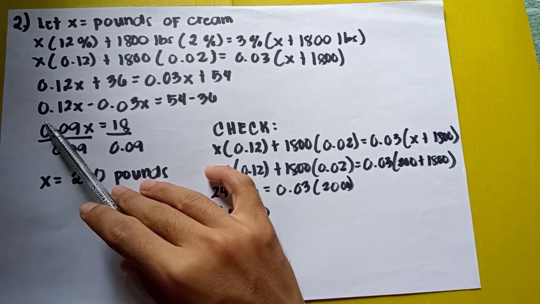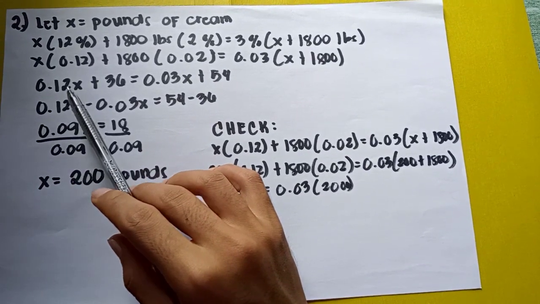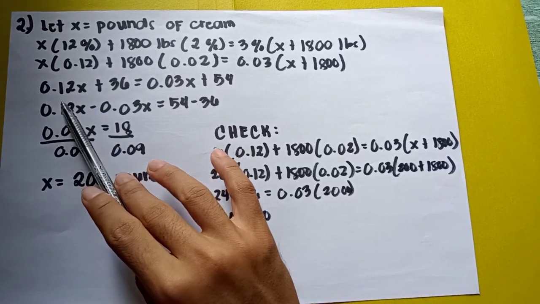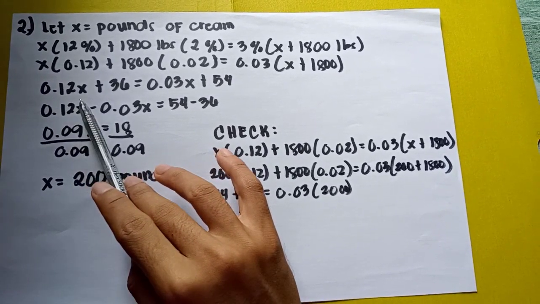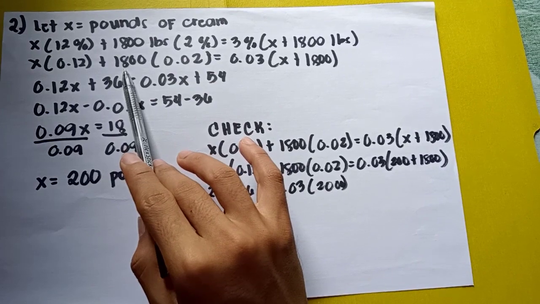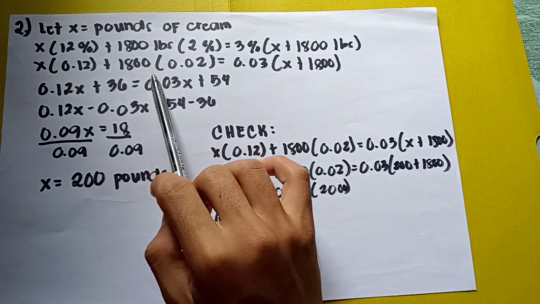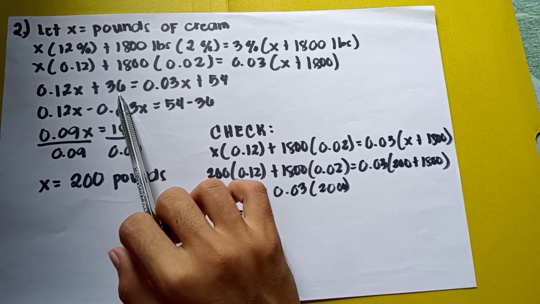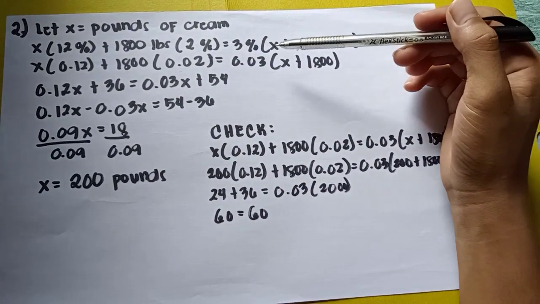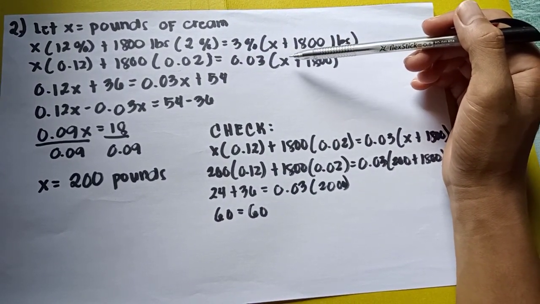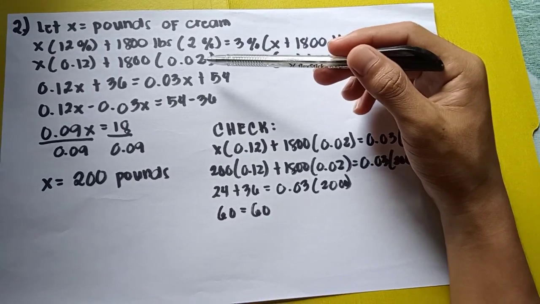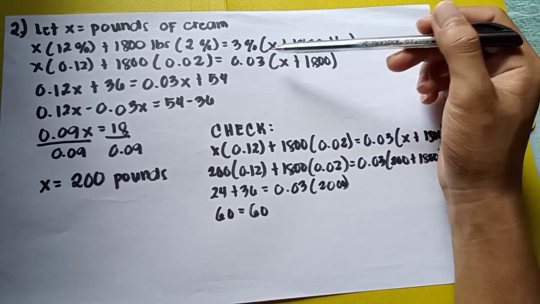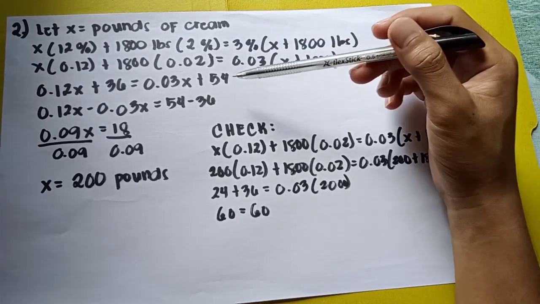X times 0.12, the answer is 0.12X. 1,800 times 0.02 is 36, and then 0.03 times X is 0.03X. 0.03 times 1,800 is 54.